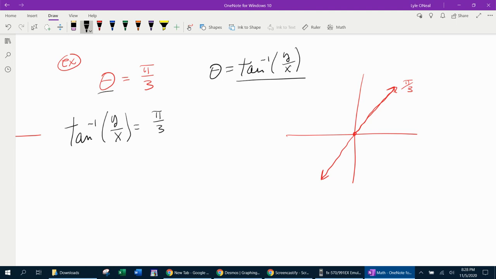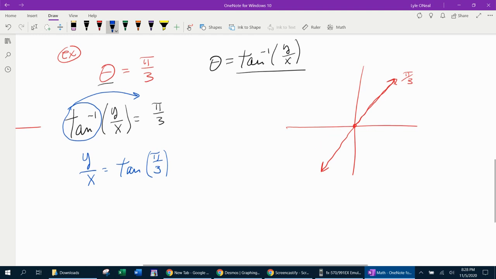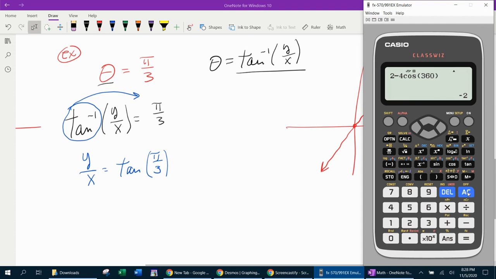And then I can manipulate this equation into slope-intercept form. Watch the magic happen. Here we go. Bringing the inverse tangent over is going to turn that into regular tangent. And we know that tangent of pi over 3 is a value. So let's calculate the value of tangent of pi over 3.